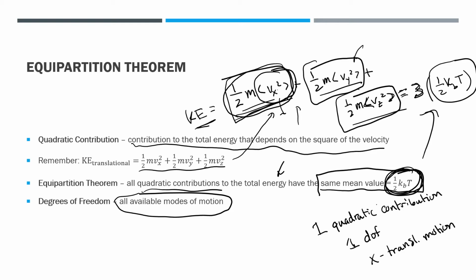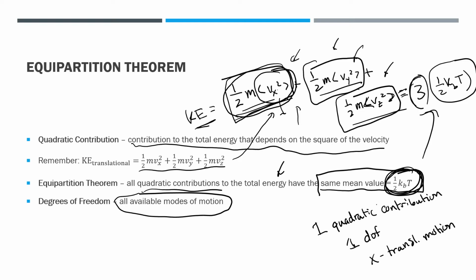And then half mvz squared is z translational motion. So each quadratic contribution is basically given by a certain degree of freedom. Okay? So that means that this multiplier of 3, right? That is given by the number of degrees of freedom in a monoatomic gas. Because the number of degrees of freedom tells us how many of these quadratic contribution terms we're summing up, and the number of quadratic contribution terms we're summing up equals this multiplier out in front.